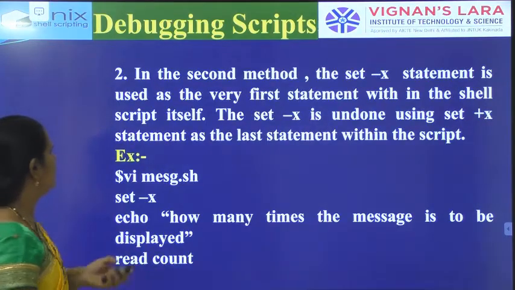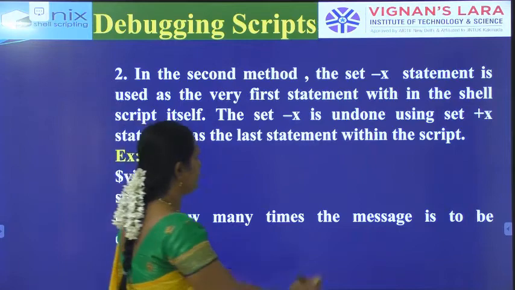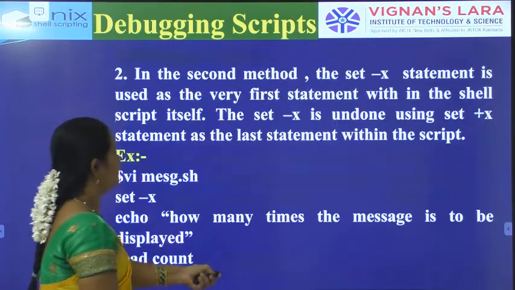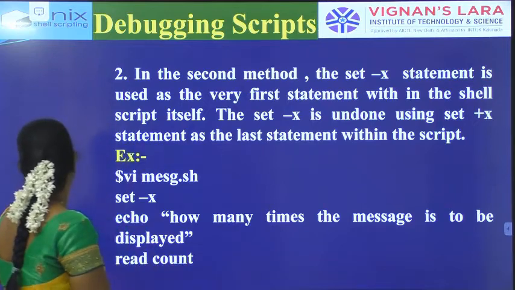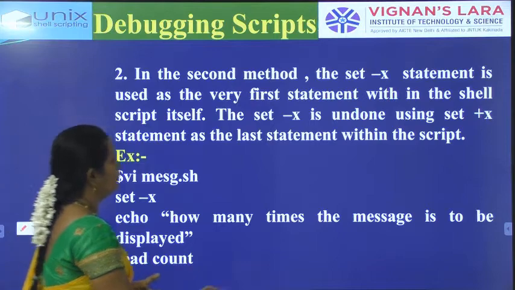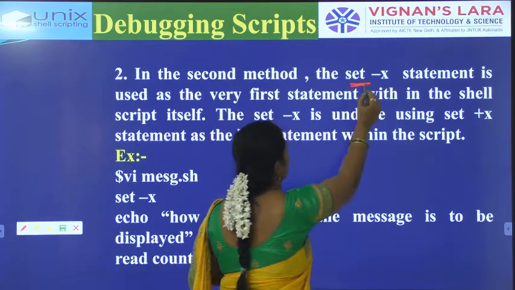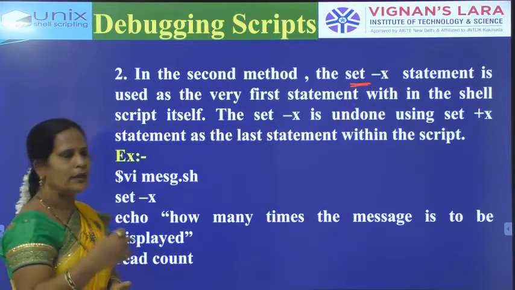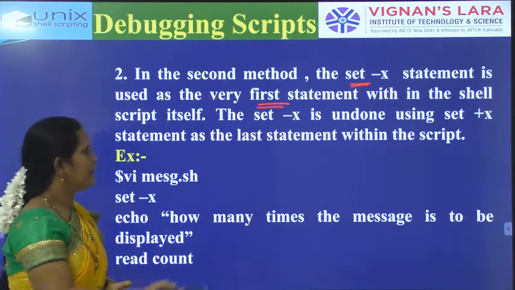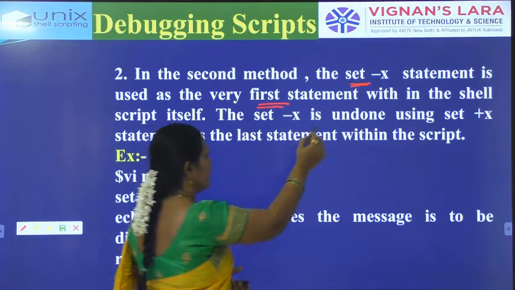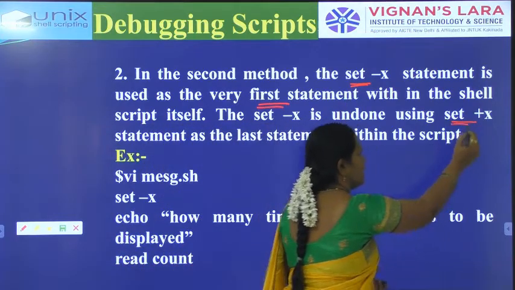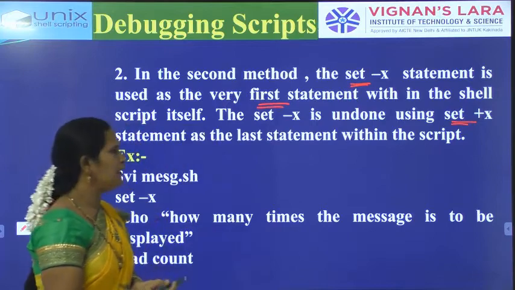The second method is the set space -x statement. The set space -x statement is used as the very first statement within the shell script, and it is undone by using set space +x at the end of the shell script.